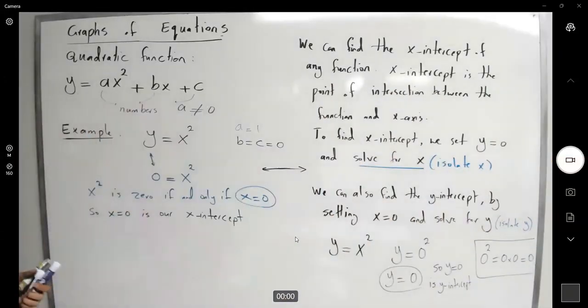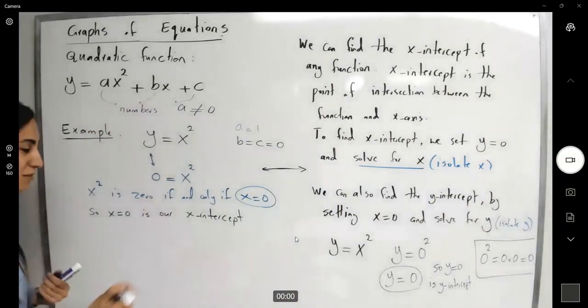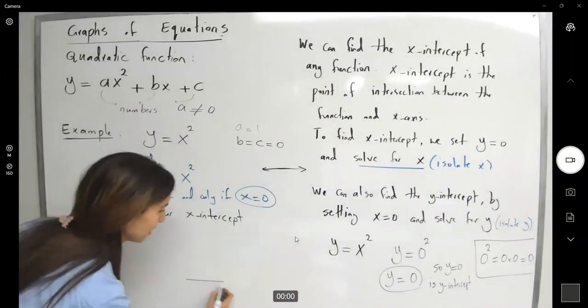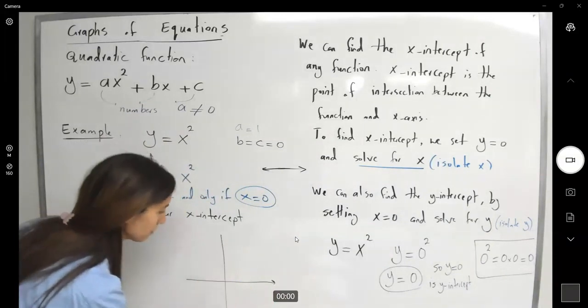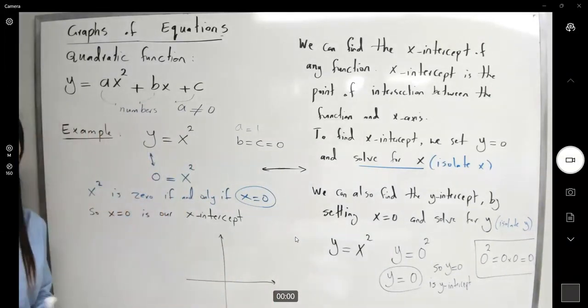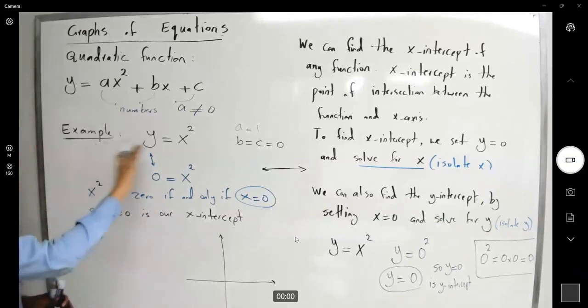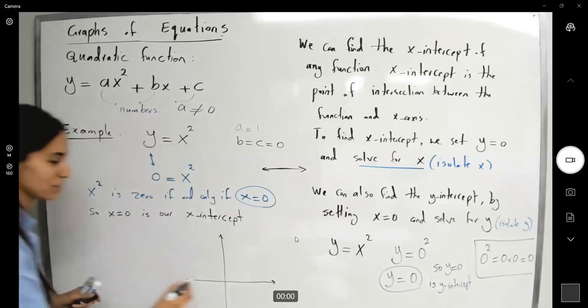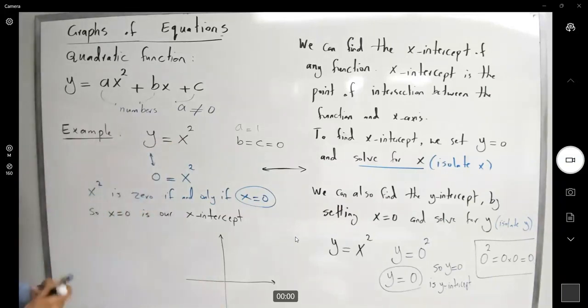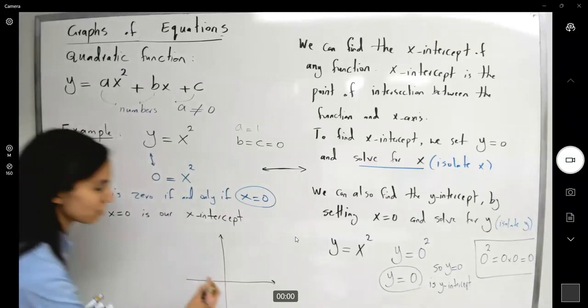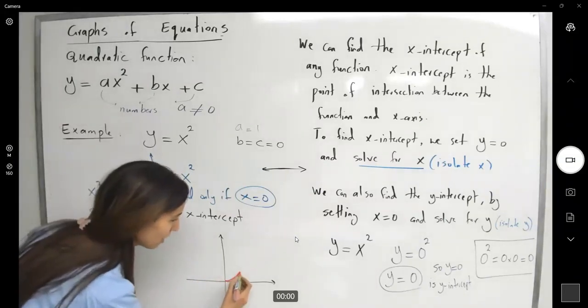So what's the graph like? If I want to graph this function, I'm going to discuss parabolas, which are the graphs of quadratic functions, in a whole different chapter. But for basic quadratic functions, the graph is called a parabola, and it behaves like this.